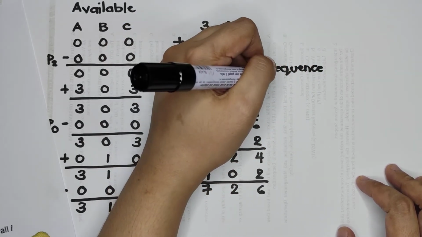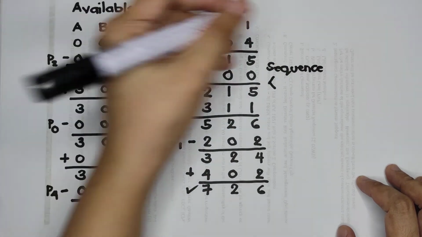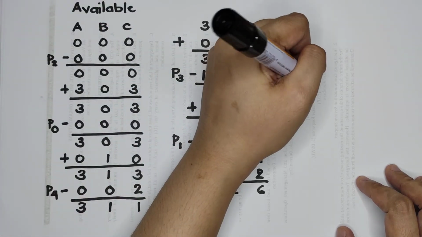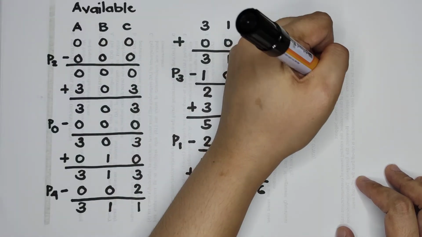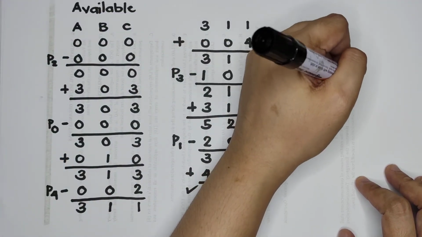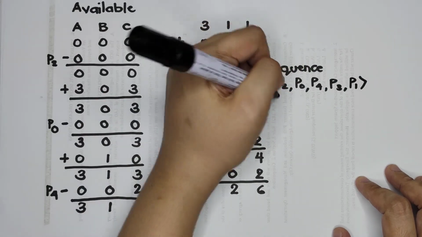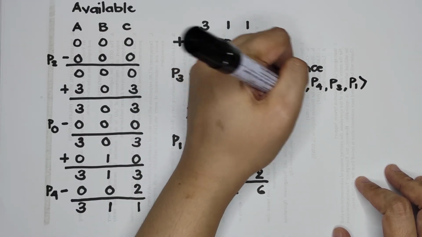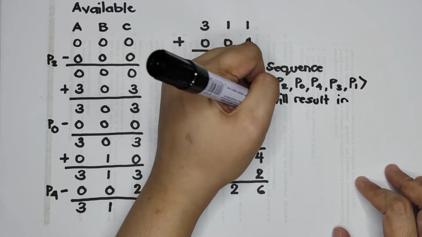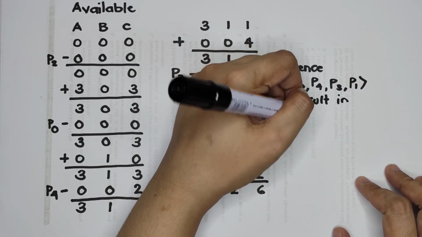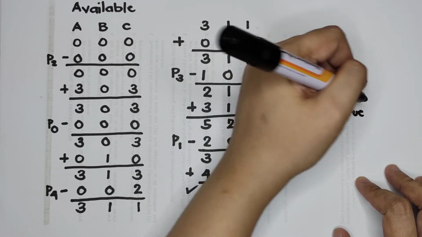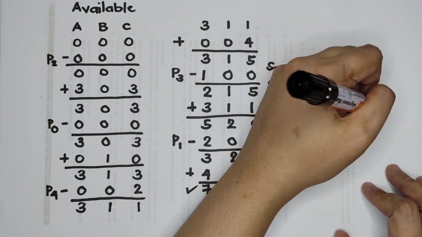Okay, so the sequence P sub 2, P sub 0, P sub 4, P sub 3, and then P sub 1 will result in finish is equal to true for all i.